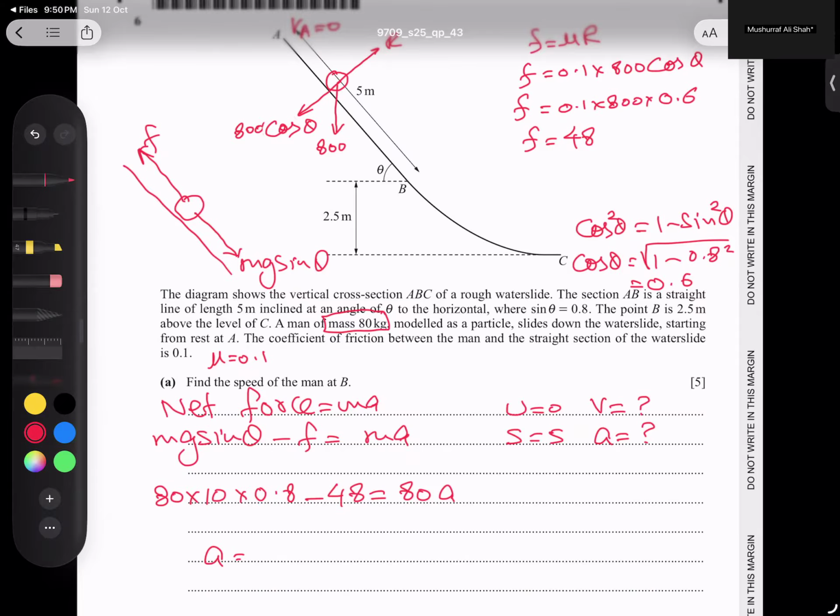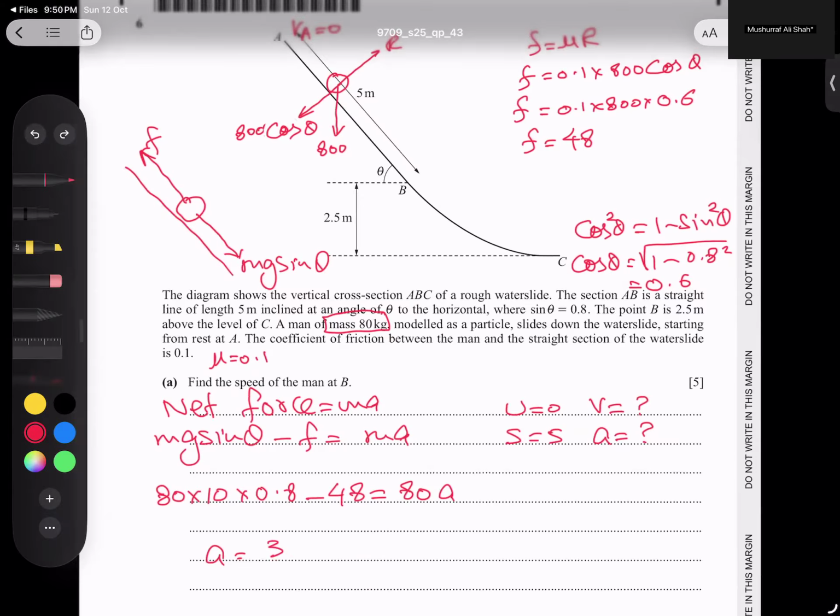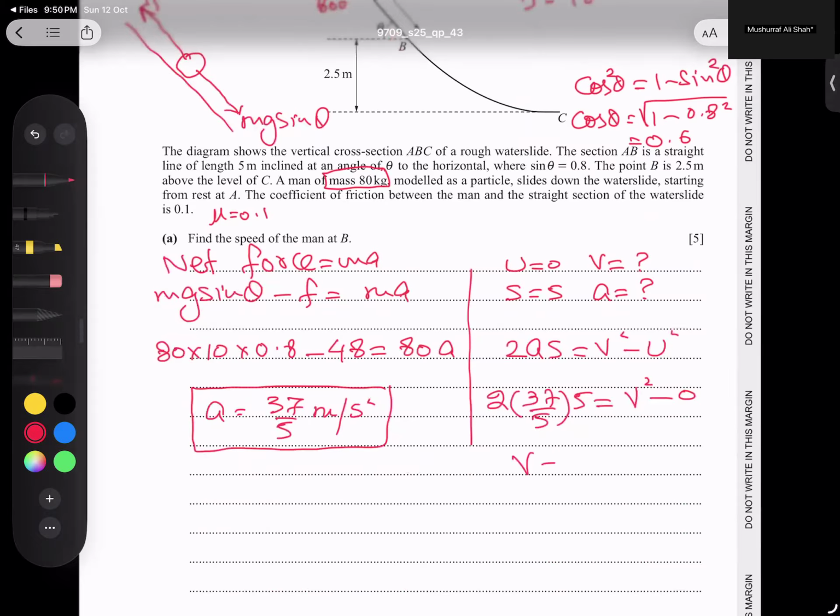And I get the acceleration 37 over 5. So this acceleration will help us to get the answer. So that's it. 2as is equal to v squared minus u squared. And acceleration is 37 over 5. And s we have 5 meters. u is 0, take a root of both sides. And I get what?